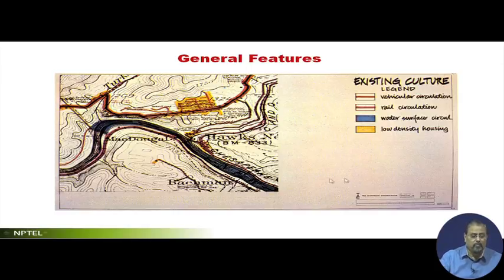So basically you make a list of all the general features, try to find out what features are existing within the site, and they are the things to be listed here and represented. This particular legend is not complete, not exhaustive. In your appraisal template that I have shown, all those have to be shown.